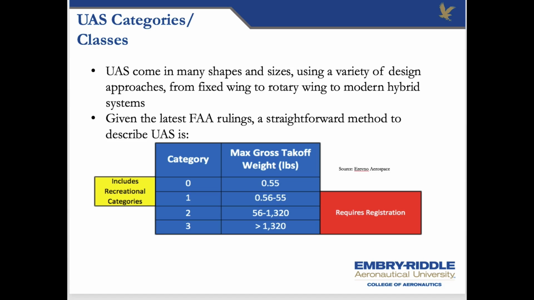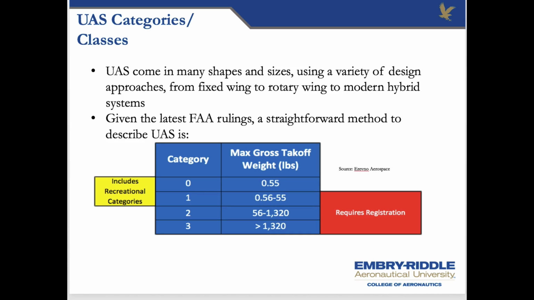On this slide, let's talk about the different categories and classes. SUAs come in many different categories and classes, and it can be pretty confusing because there are many different descriptions out there that discuss the altitude that can be flown, the weight of the aircraft during takeoff, how fast the system goes, etc. But given the recent rulings by the FAA, a more straightforward method to describe UA might be the one shown here.